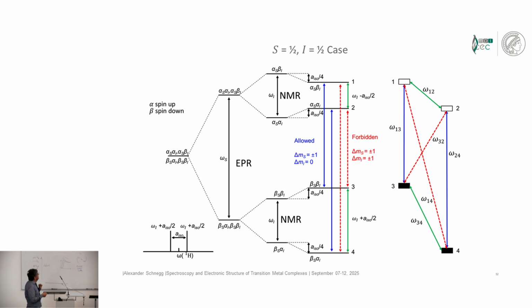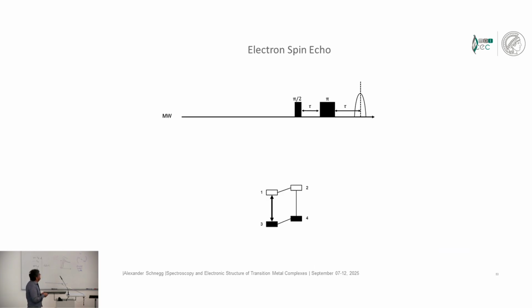If we draw this as a four-level scheme, this would be this level, this one, and then they are connected by more or less allowed and forbidden transitions. These are the NMR transitions, this is an EPR transition, and these are cross-relaxation pathways, which can also be exploited to determine the hyperfine couplings, but I will only very briefly touch on this later.